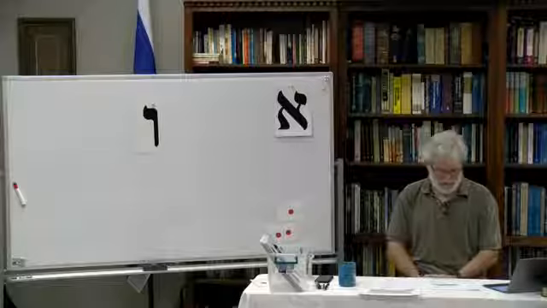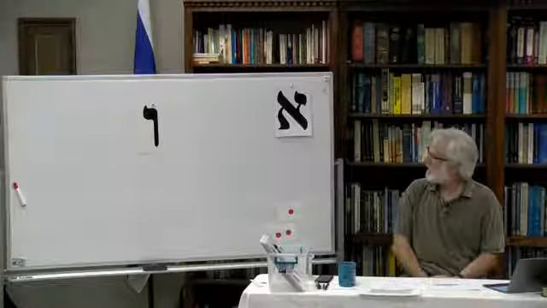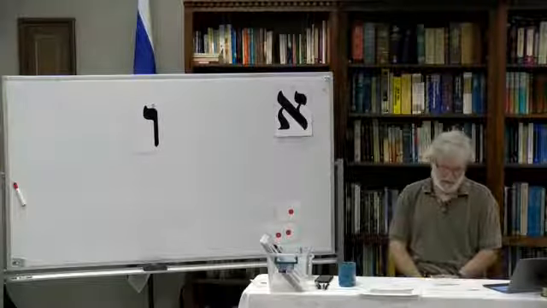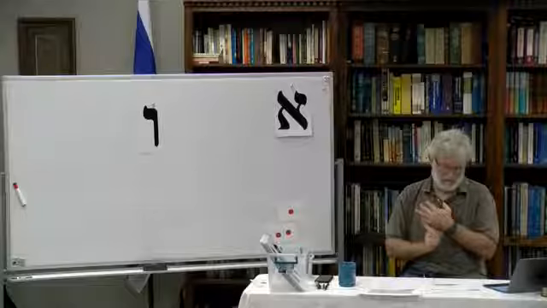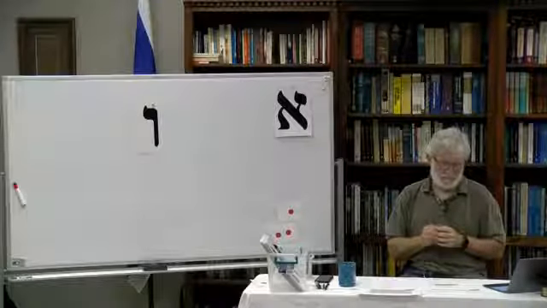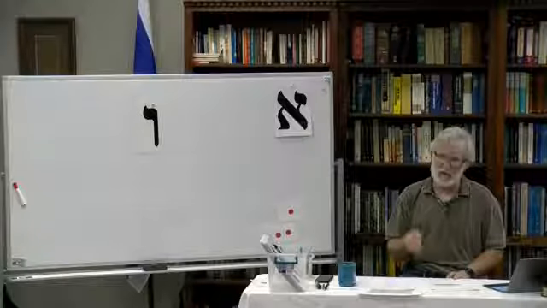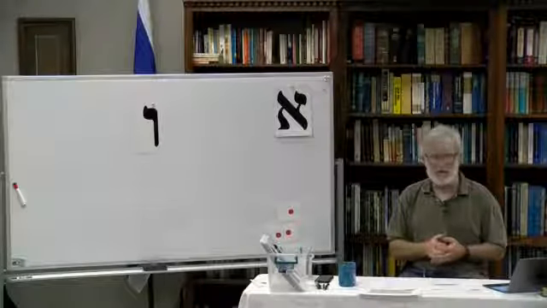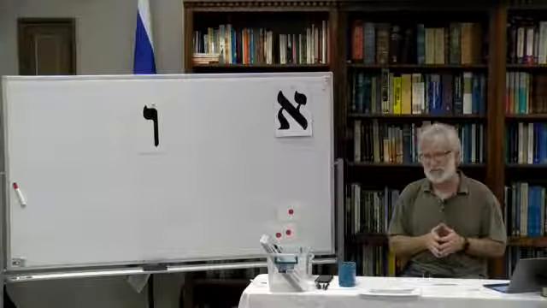Now, this means to us that the thing that I demonstrated at the beginning, that the Vavs in the Cholam Vav and the Shurik and the Yods in the Tsere Yod and the Hirik Yod were already present in the consonantal text of the Hebrew Scriptures, if that makes sense.